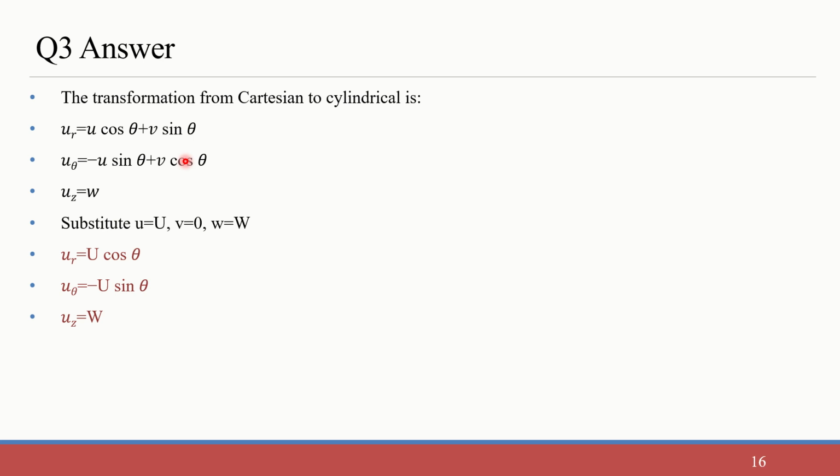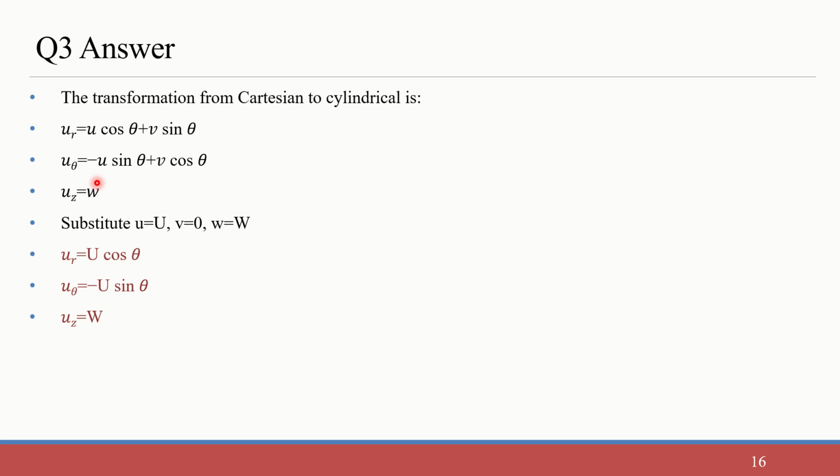If we directly jump to this particular step, it is fine. What was given in the question? We are given that u equal to capital U, w equal to capital W. Now we are asked to convert from the Cartesian coordinates to the cylindrical coordinates. The transformation is done through these three relations: ur is equal to u cos theta plus v sin theta. u theta is equal to minus of u sin theta plus v cos theta. uz is equal to w.